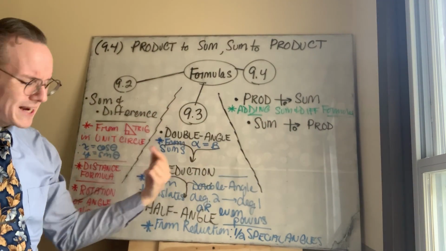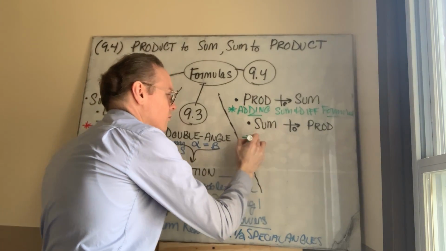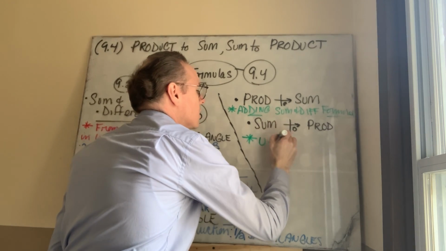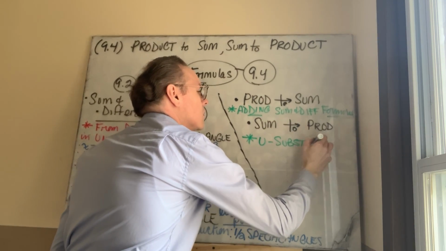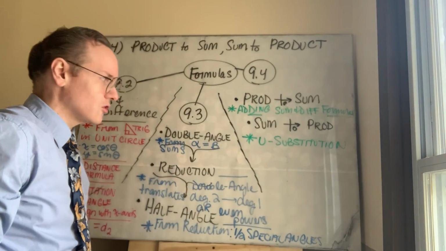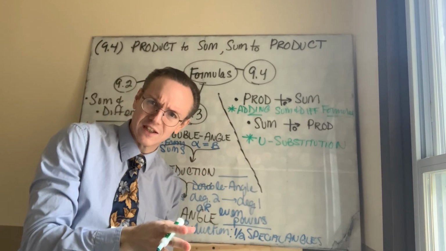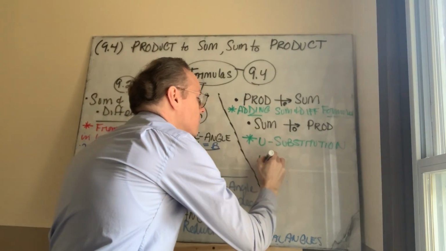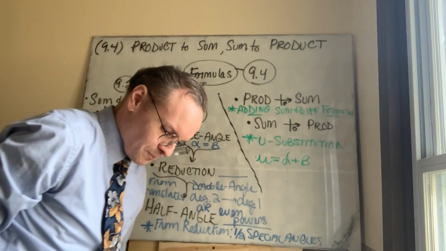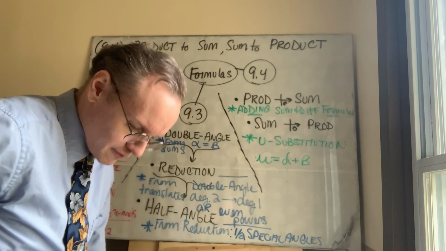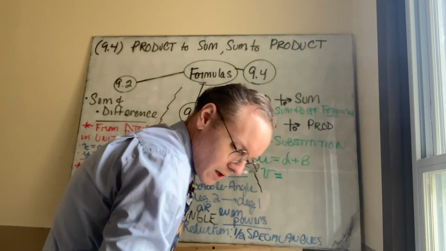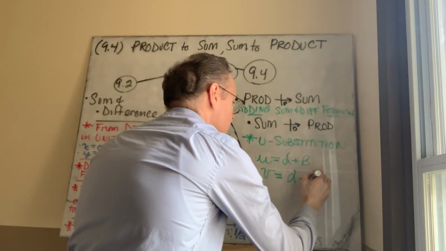As for going the other way, this, just to give you an overview, comes from U substitution, really. U substitution done twice. A lot of times what you'll see in a textbook is that they will use U to represent the sum of 2 angles, and V, as it follows U in the alphabet, for the difference.